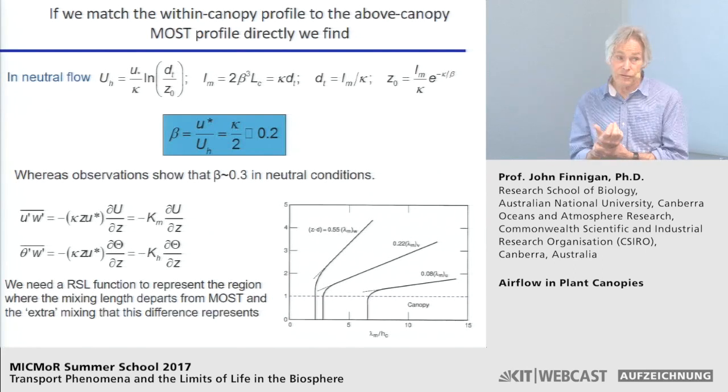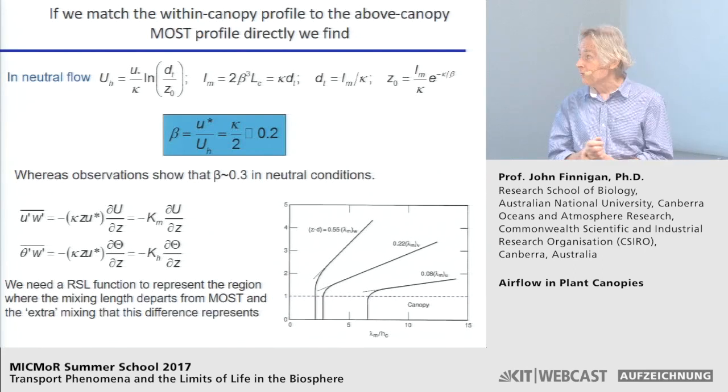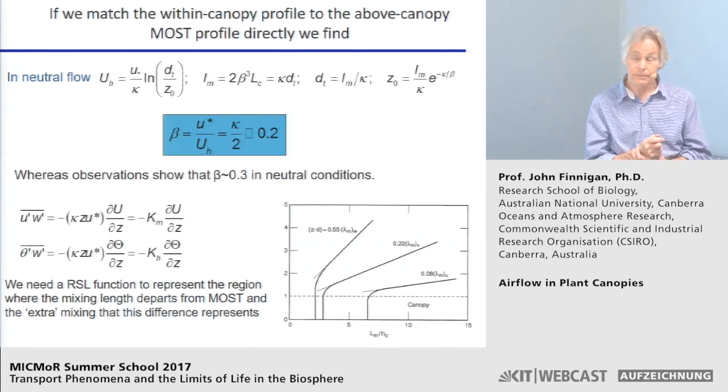But observations over many, many canopies tell us that that number is really about 0.3.